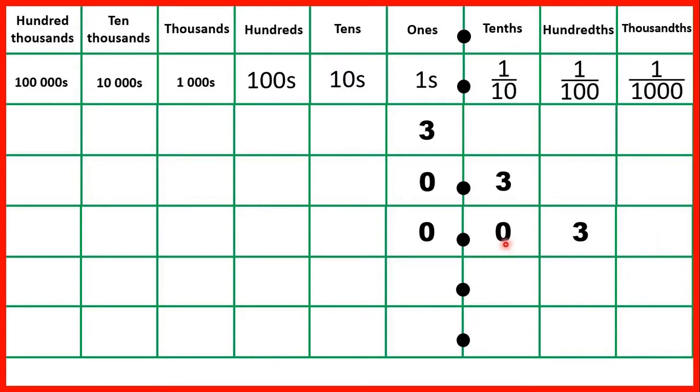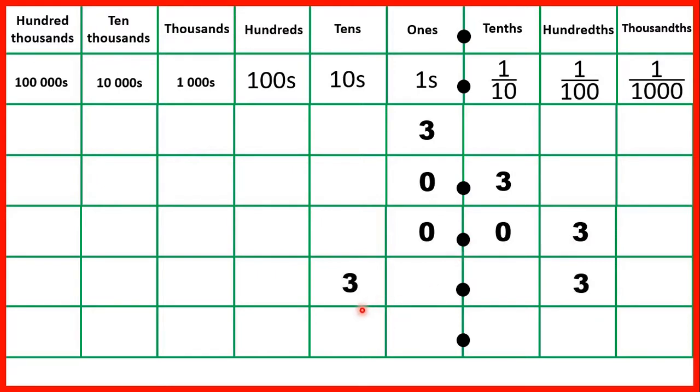But we do need this zero in our tenths. That's because we need to show 3 hundredths, and our hundredths place value column is always the second place value column after the decimal point. So if we didn't have 0 in our tenths, the 3 would be in our tenths, but we need to show 3 hundredths, so that has to be the second digit after the decimal point.